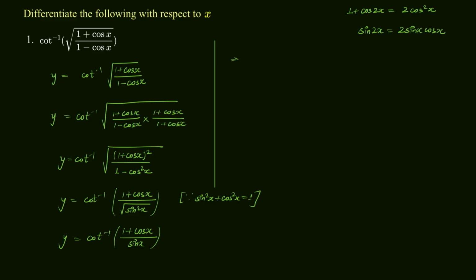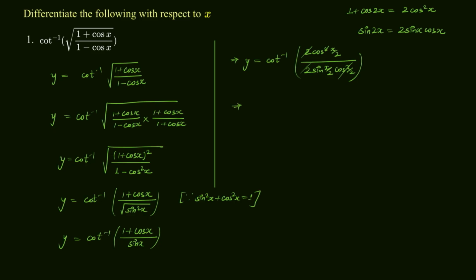Therefore y equals cot inverse of, see, 1 plus cos x can be written as 2 cos square x by 2, because whatever the angle is there we have to write the half of it, whole divided by sin x can be written as 2 sin x by 2 cos x by 2. So here 2 and 2 got cancelled, and cos square and this cos x by 2 got cancelled.